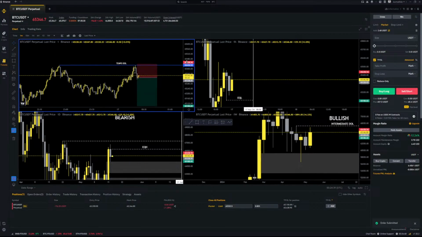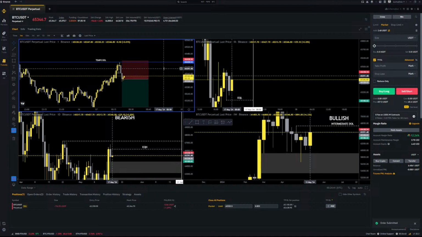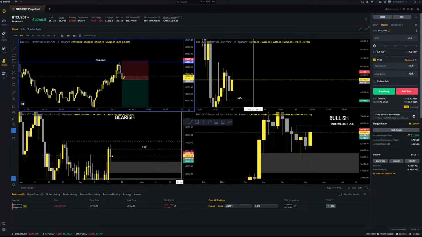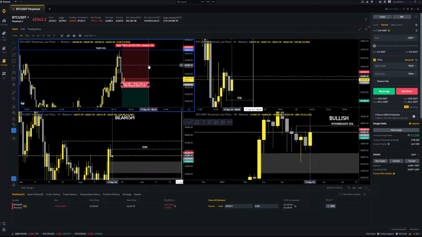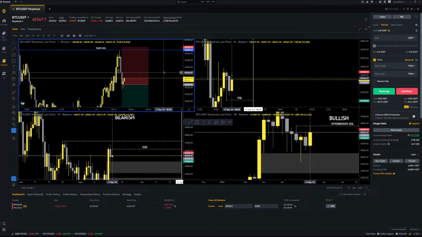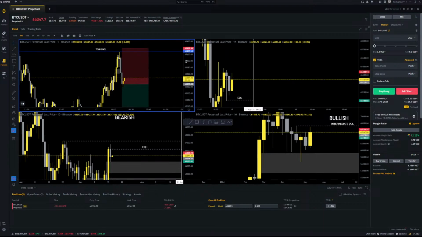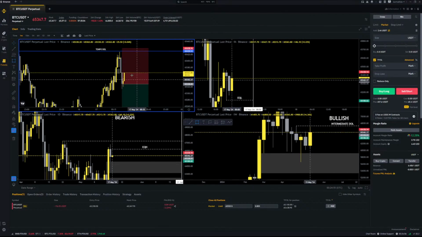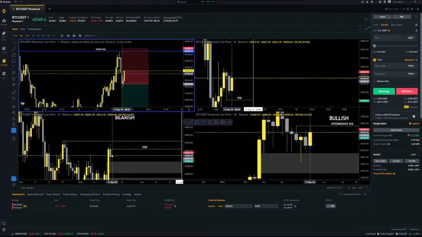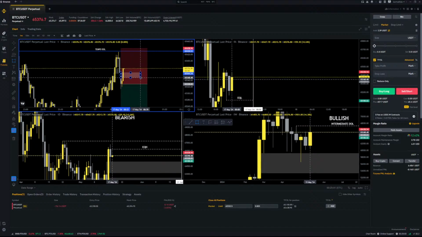Wow. Yep. Created a fair value gap right here, which I think should be respected if price tries going away. Oh wow, it hasn't been respected. Our breakaway gap has been taken out.